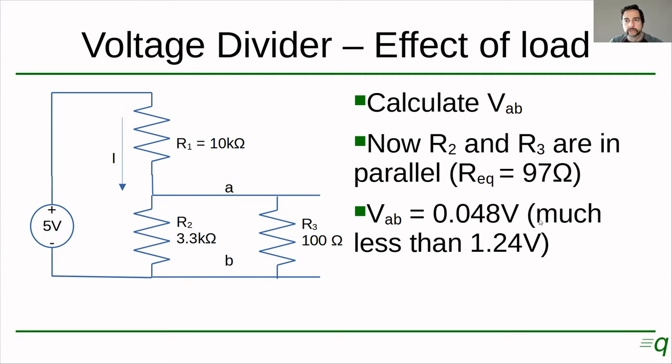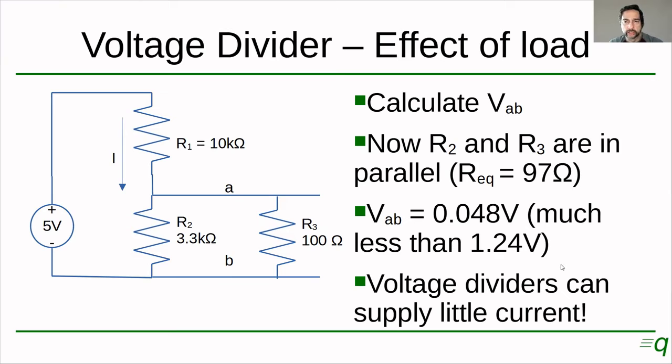So this is much lower than the 1.24 volts that we wanted. So what's the conclusion here? The conclusion is that voltage dividers can only supply very little current. As soon as you try to pull current out of this circuit, the voltage is going to drop even further, right?